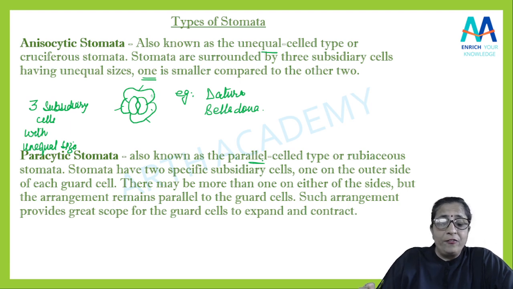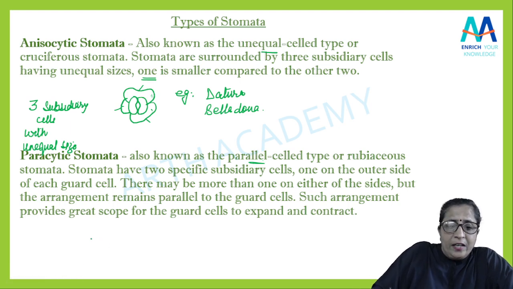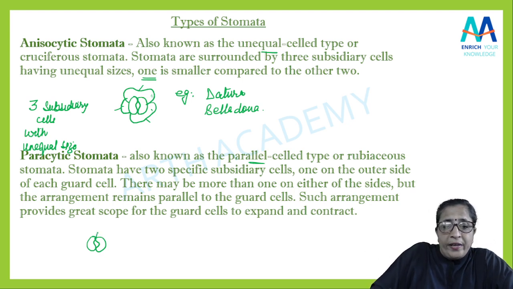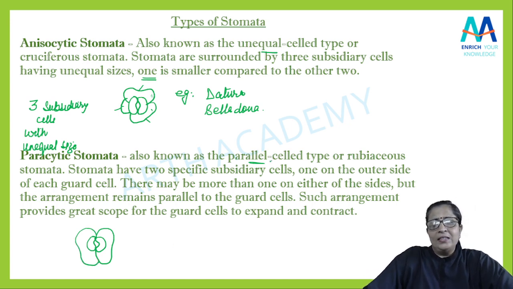Now what do we have in such type of stomata, यहाँ पर क्या रहता है students? Now this is again a guard cells. Number of subsidiary cells, they are 2. Yes, this is 1. ये एक सब्सिडियरी सेल हो गया और इसी तरह से ये दूसरा हो गया. और कैसा है ये? They are parallel, isn't it?